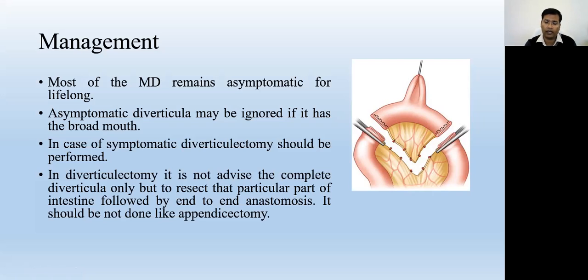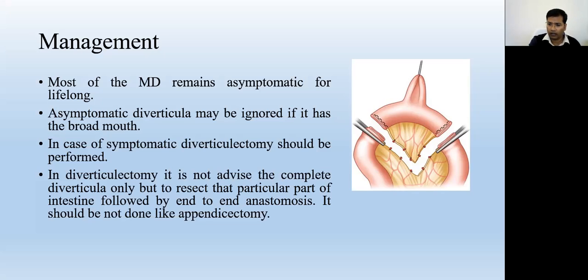Whatever vessels are supplying it, starting from the tip, we dissect one by one, close, ligate, and dissect, from the tip to the base, and then we crush with artery forceps, dissect, and close with a purse-string suture. Similarly here, we are not doing the purse-string suture, because here we are just doing an end-to-end anastomosis of the ileum.